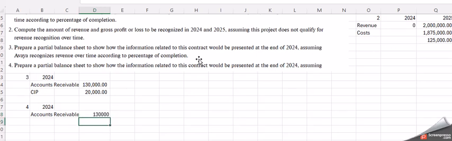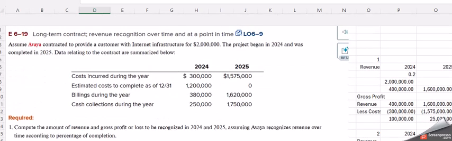But now down in our liability section, we would have a billings account, and that billings would be the 380,000 that we billed less the $300,000 of costs that we incurred.